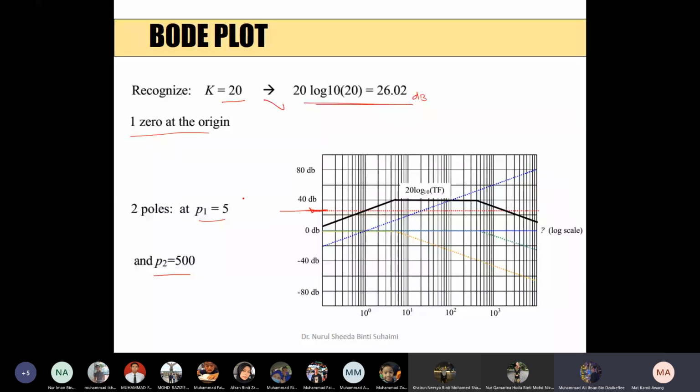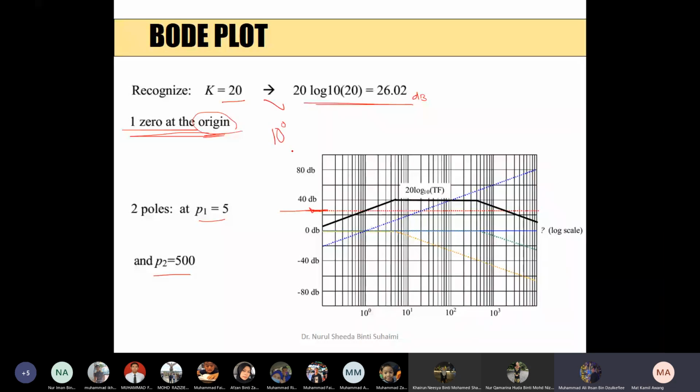The second one is the zero at the origin. So which line? Where is the origin? What does it mean by origin? At the origin is 10 to the power of 0.